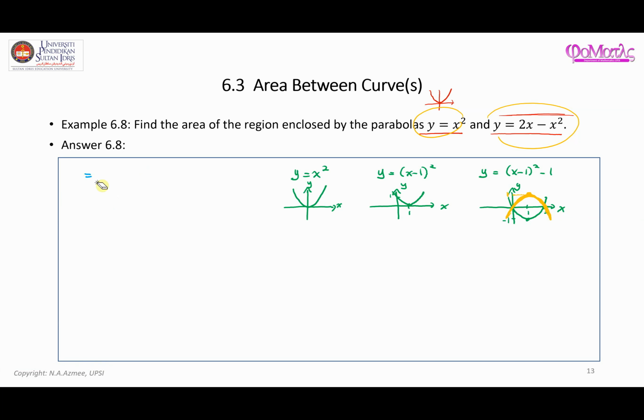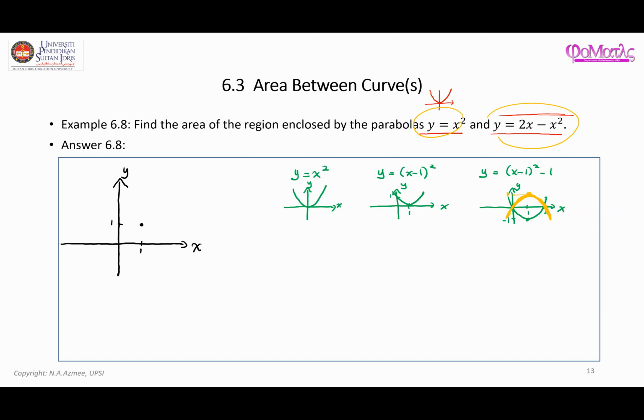Now I'm going to sketch the graph. So we have the x-axis and y-axis. I'm going to sketch this graph first. We have a maximum point at y equals 1, and this is also 1.